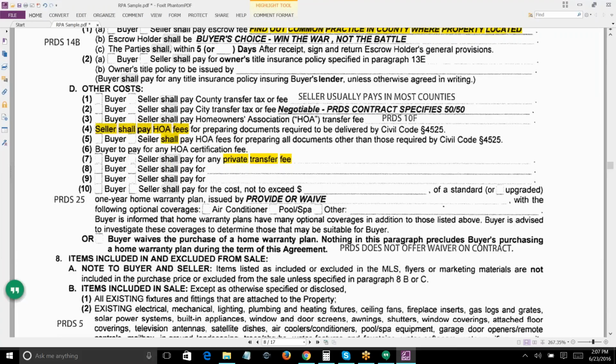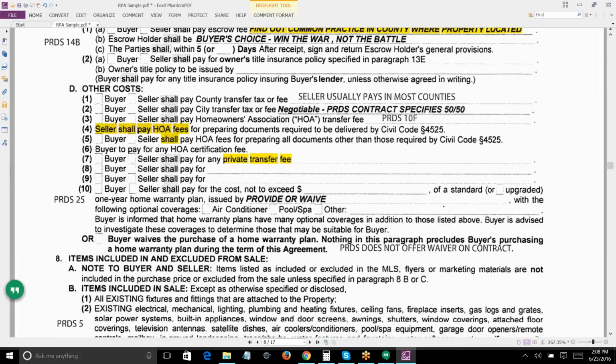So the CC&Rs say that every time a property is sold, a certain fee will be paid to this environmental group. That's a private transfer fee. It's not a common thing, but there's at least one that I know of in Santa Clara County. Normally we would either leave it blank or click on seller shall pay.